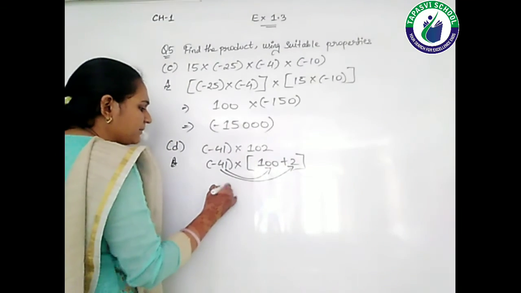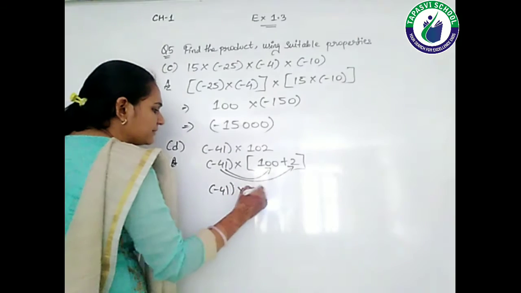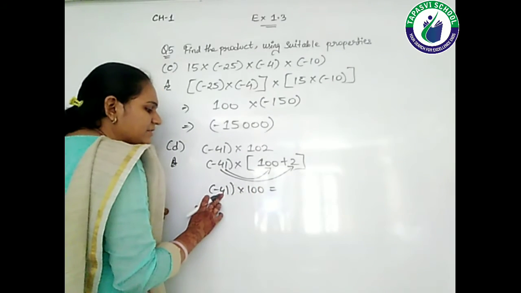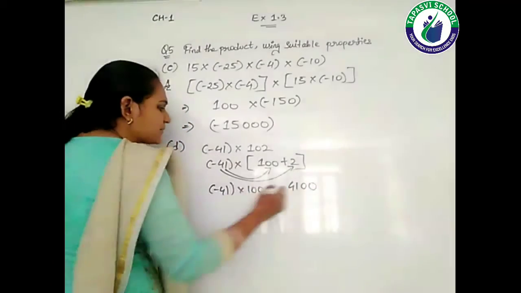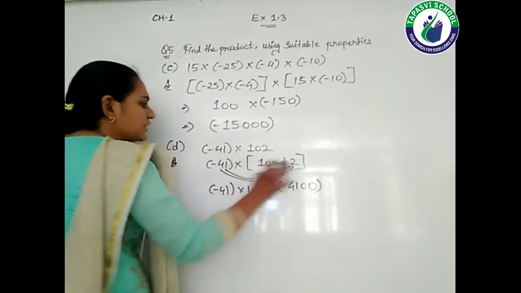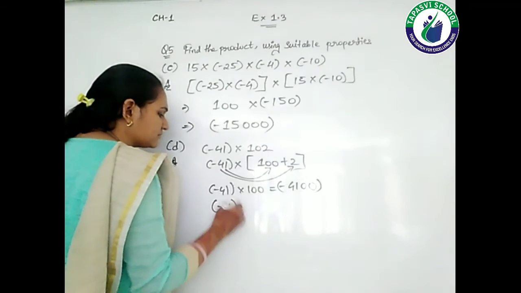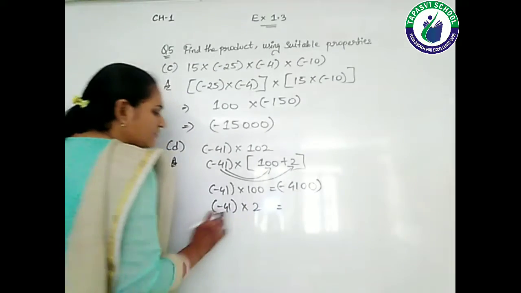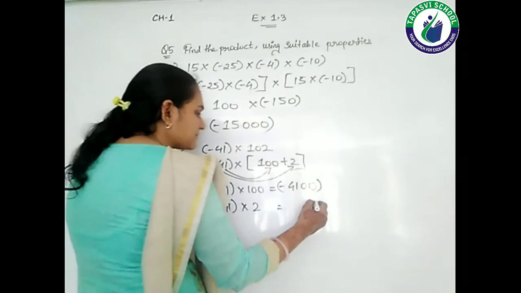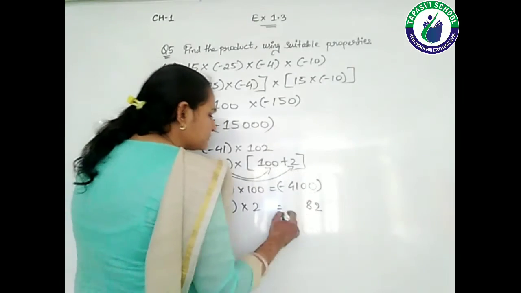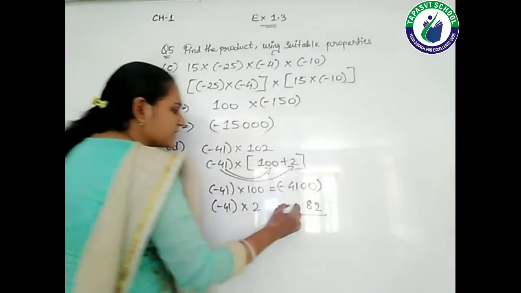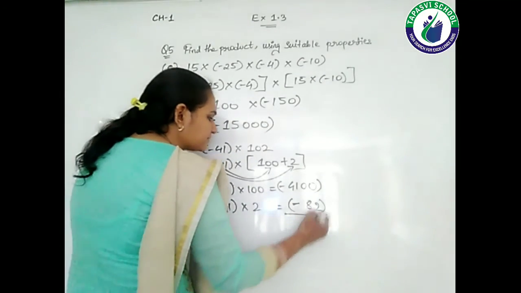So first I am multiplying 41 with the 100. Simple quick maths is there. 41 into 100, that means 4100, minus plus it is minus. 41 with the 2, 41 twos are 82, and minus plus it is minus.